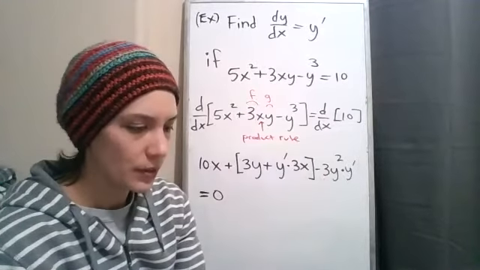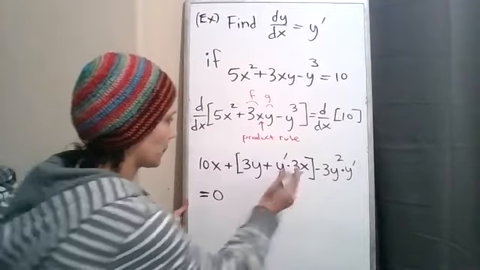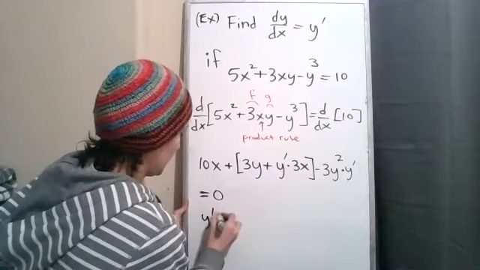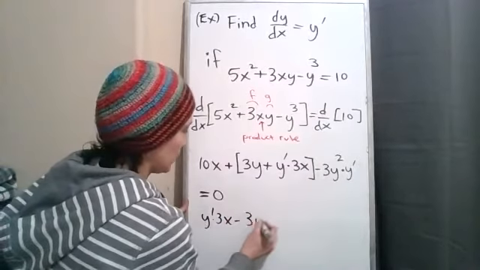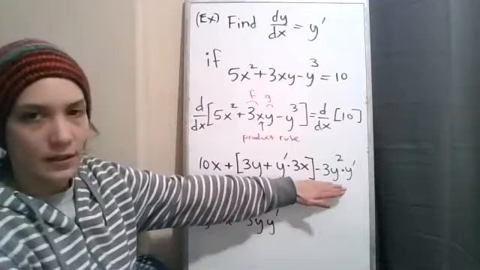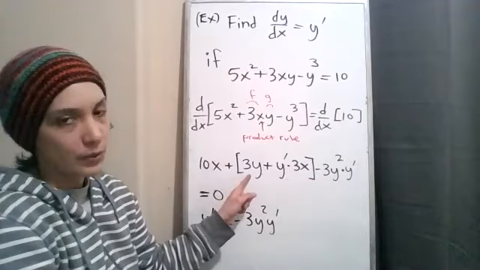I guess let's get those terms next to each other and the other values on the other side. So minus 3y squared y prime. Okay, got those together. We want this to be on the other side of the equation. So subtract 10x, subtract 3y.